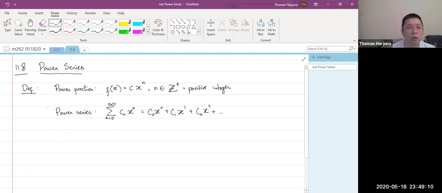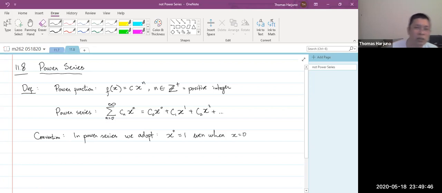Okay, now convention. In power series, we adopt this fact that x to the 0 is equal to 1 even when x equals 0.